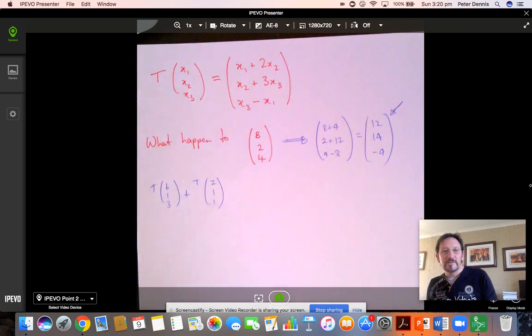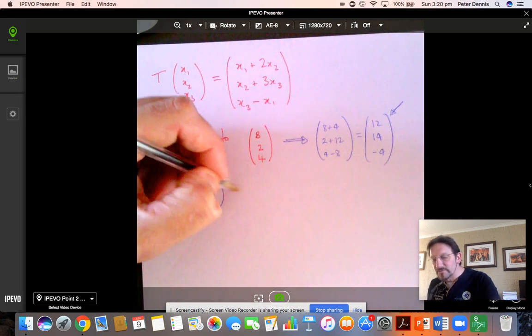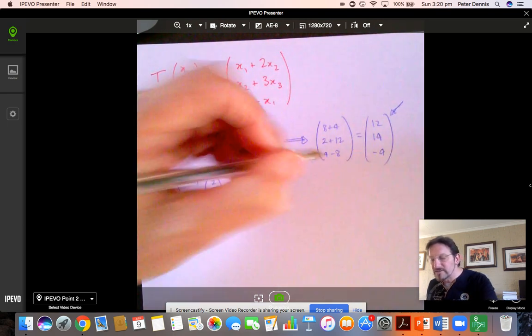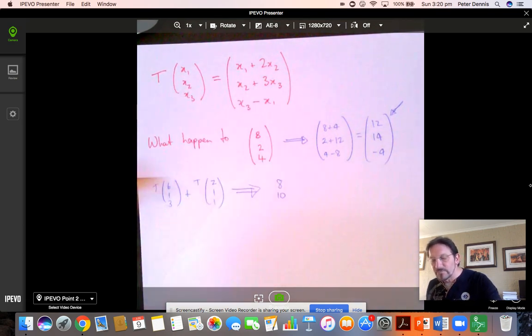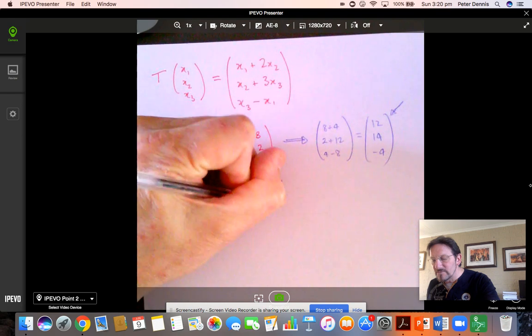So in this case, 6, 1, 3 becomes 6 plus 2 times 1, which is 8. Then 1 plus 3 times 3, so 9 plus 1 is 10. And what does the last one become? x3 becomes x3 minus x1, 3 minus 6 is minus 3.